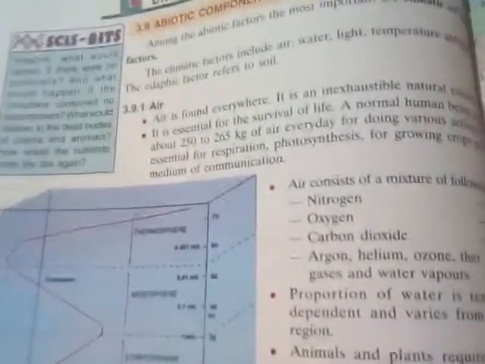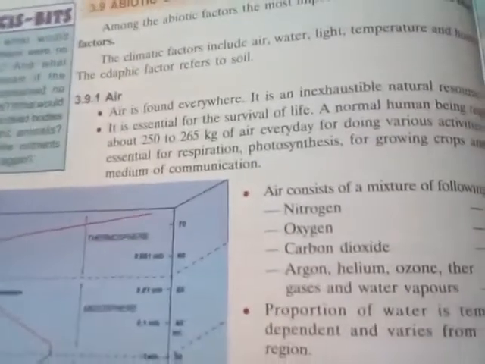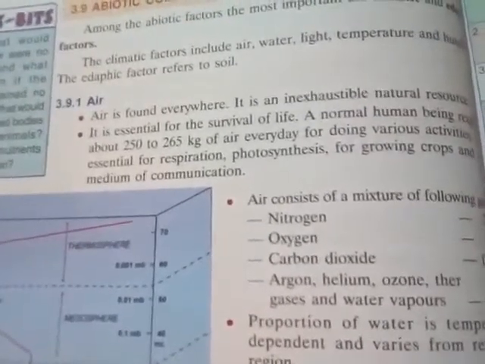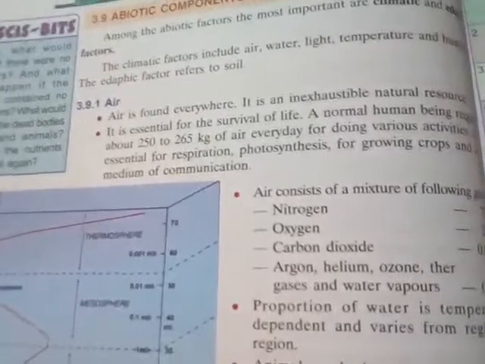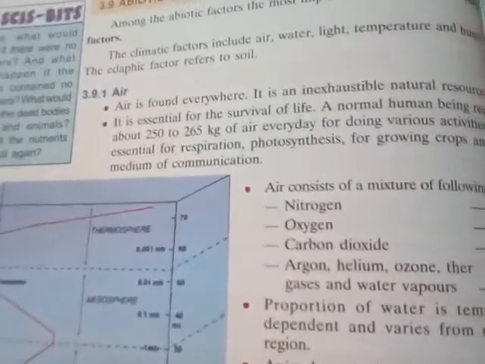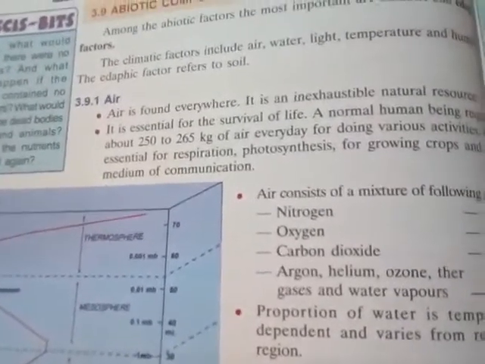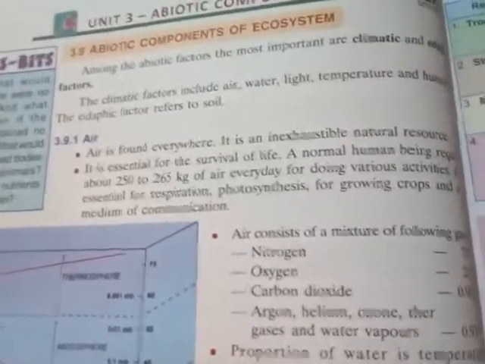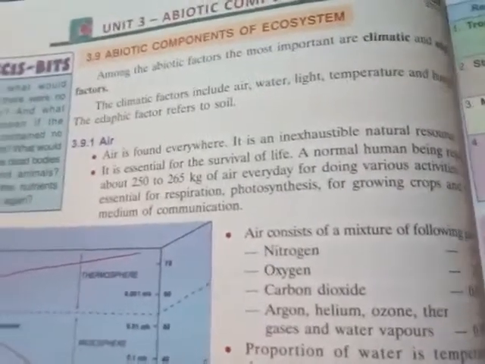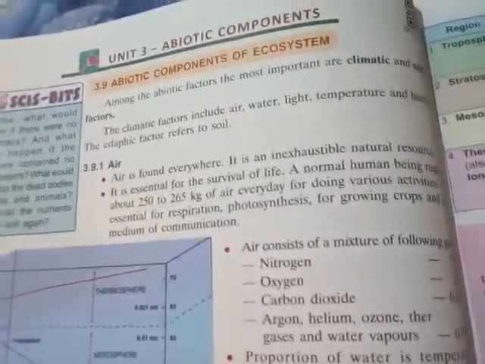Now coming to the point: how does the atmosphere protect the total ecosystem and keep it balanced? If you want to know how to control our atmosphere and save our organisms, plants and other animals, the atmosphere has a great role, because it has four layers.